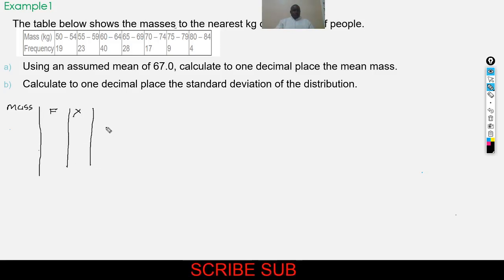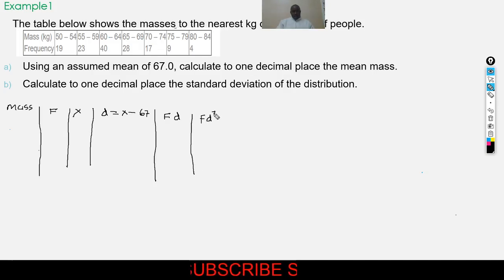Then, since you are given the assumed mean, we shall have x minus 67, which we give a letter, D, so that D equals x minus 67. Our next column is FD, the frequency times D. Then we can also have FD squared after finding FD. That's our table.